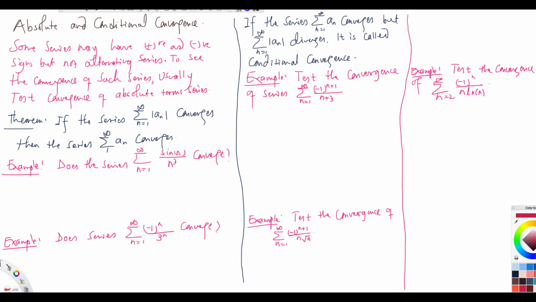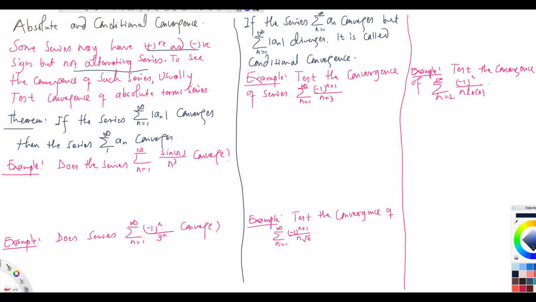So some series may have positive and negative signs but not be alternating, because an alternating series needs plus minus or minus plus alternately. To see the convergence of such series, we usually test the convergence of the series of absolute terms.